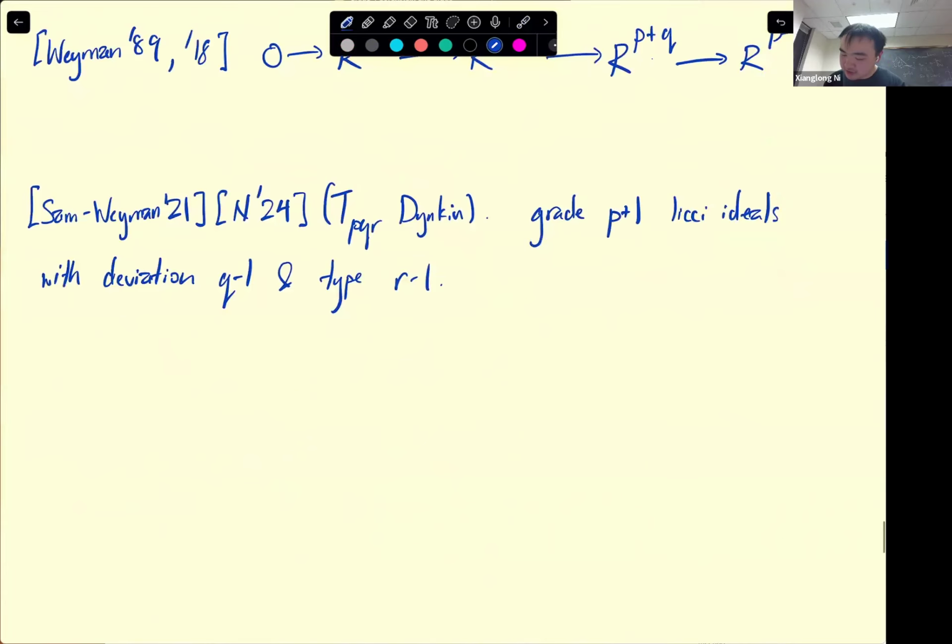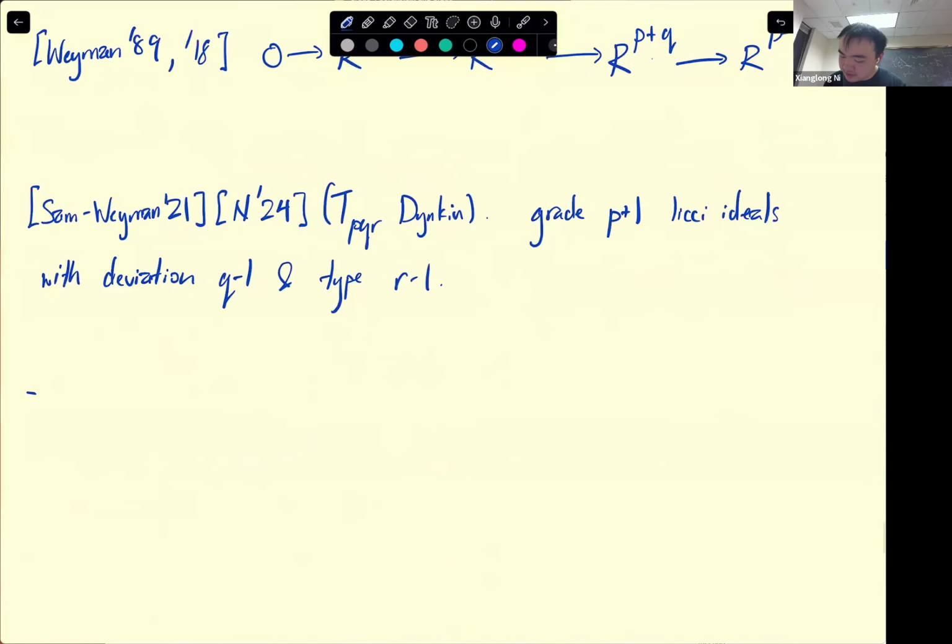And then more recently, in unpublished notes, Weyman started looking at self-dual resolutions of length 4 and found that, fixing p to be 2, then the following self-dual resolutions are also related to this Lie algebra.